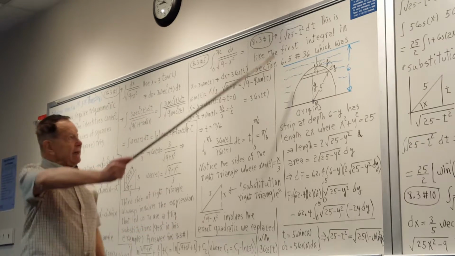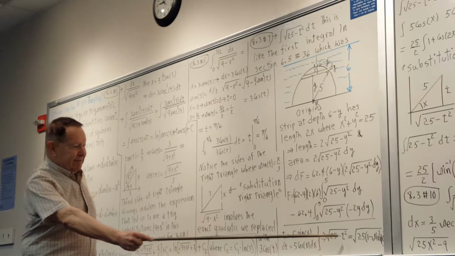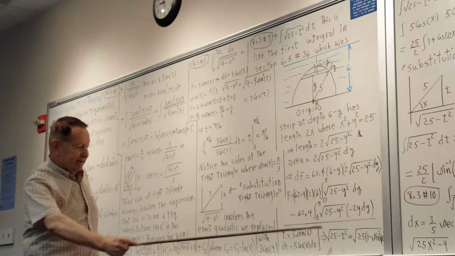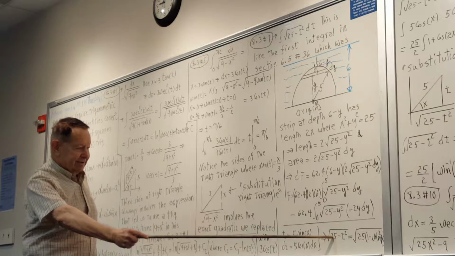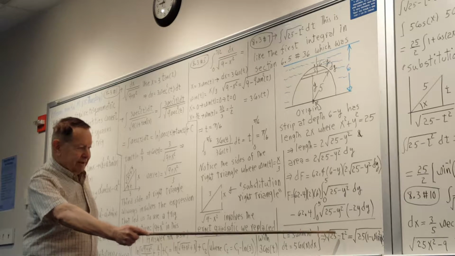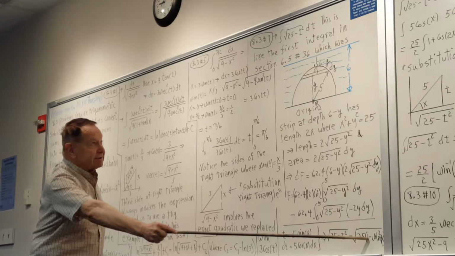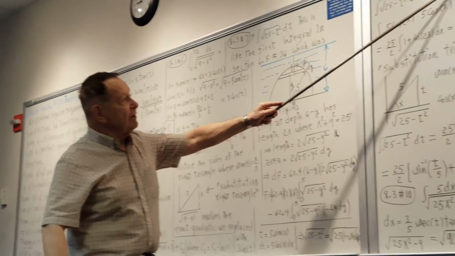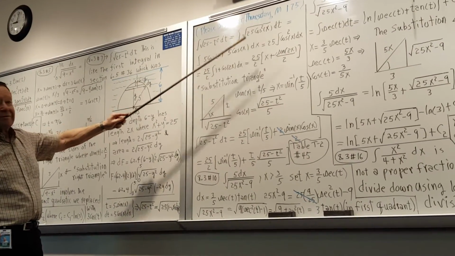Okay, so back to here then. We let t be 5 sine x, square root of 25. dt is 5 cosine x dx. So then this will become 25 times 1 minus sine square. And of course, that's 25 cosine square under the square root.